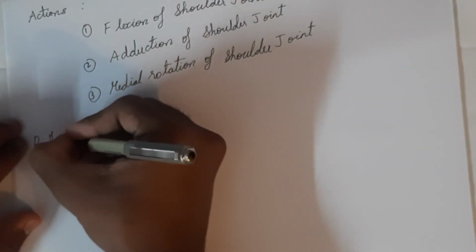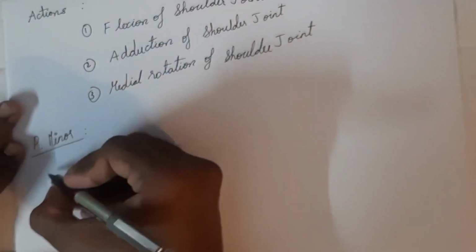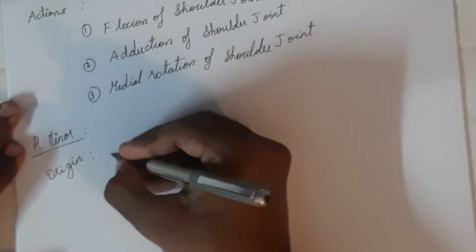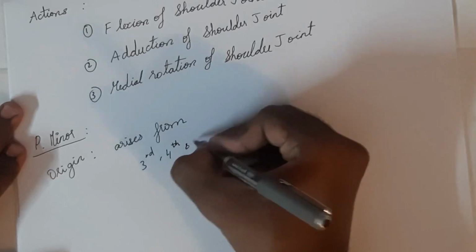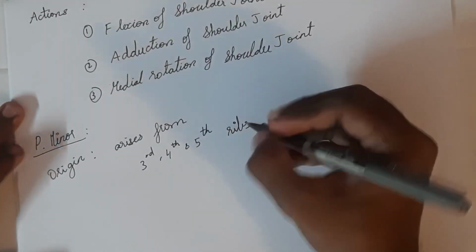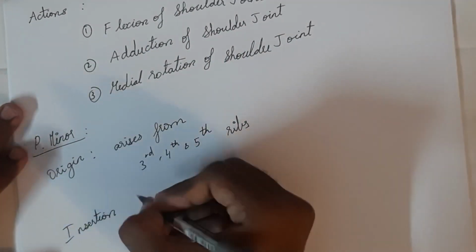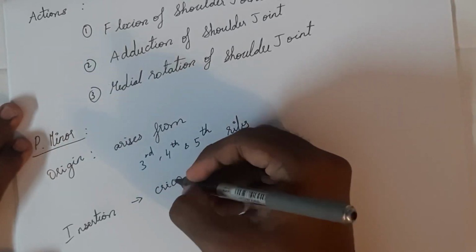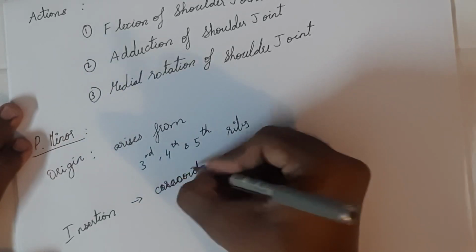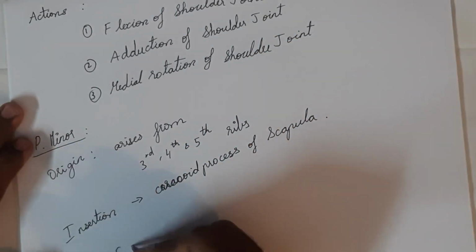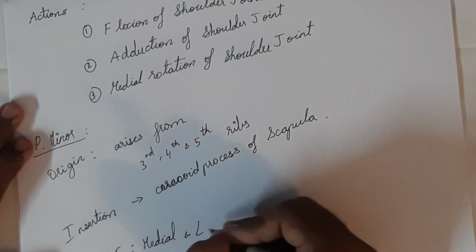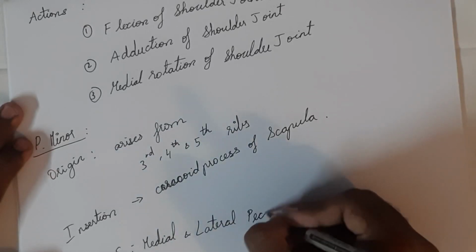And now we move on to the pectoralis minor muscle. Its origin arises from third, fourth, and fifth ribs. Insertion is into the coracoid process of scapula. Nerve supply is from the same medial and lateral pectoral nerves, just as in pectoralis major.